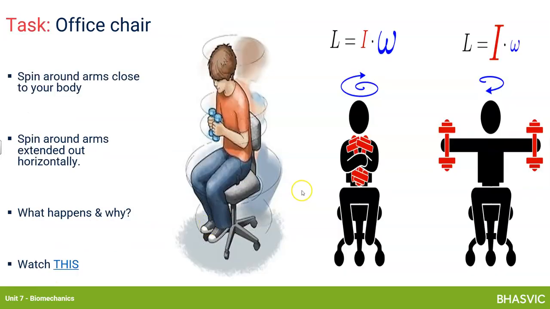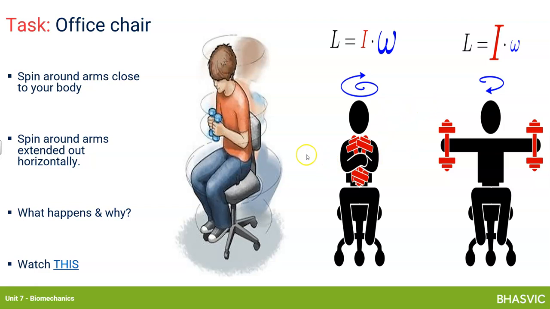Now, without doubt, in class, we'll give this a go. If you sit on a wheelie chair, an office chair, and you spin around with some mass very close to this longitudinal axis, what you're basically creating is a low moment of inertia, so the small I, which will make you spin around quite quickly, high angular velocity.